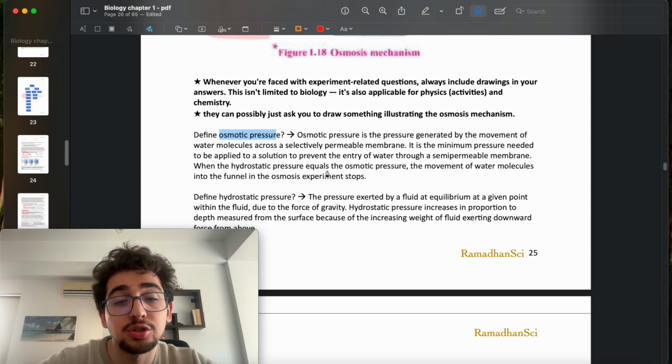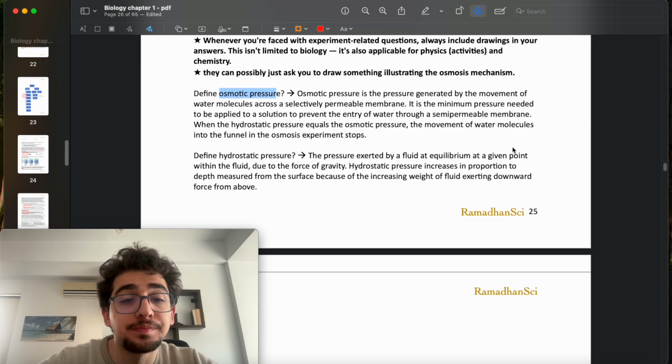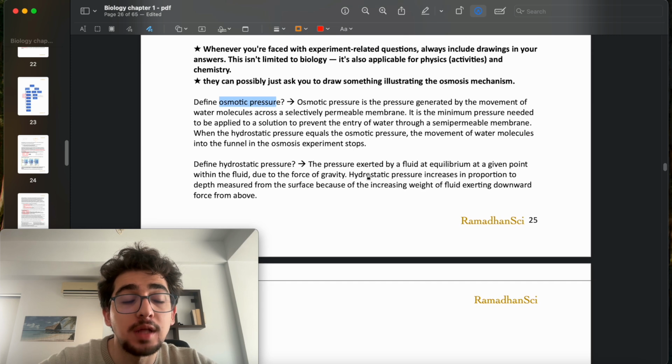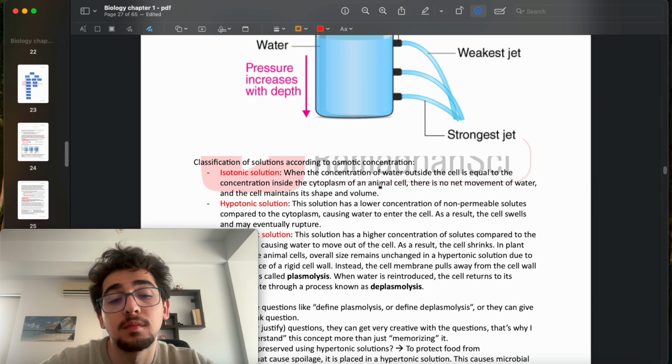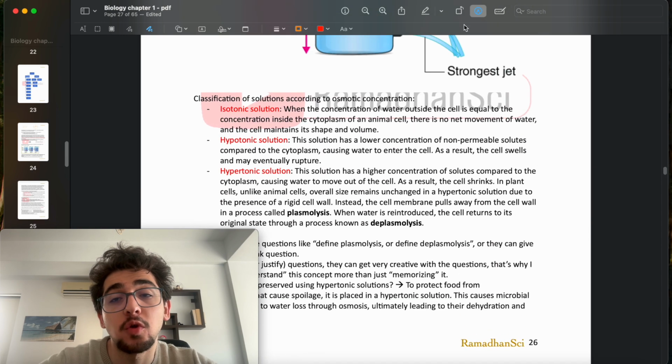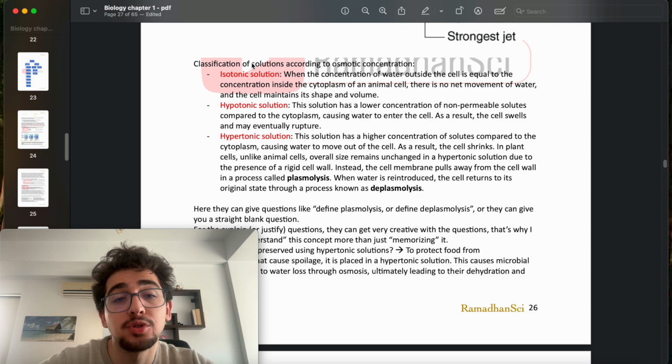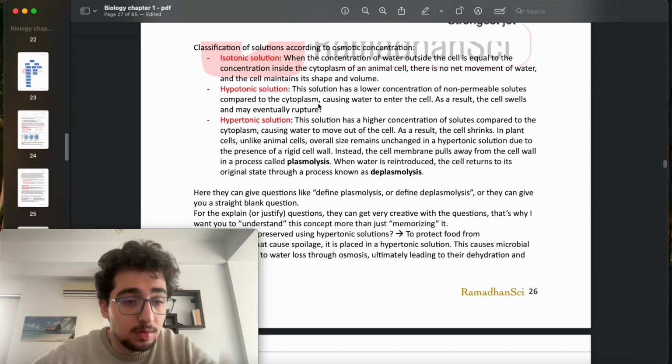When hydrostatic pressure equals the osmotic pressure, the movement of water will stop. There will not be net movement. Of course, solutions are classified into three according to the osmotic concentration: isotonic, hypotonic, and hypertonic.